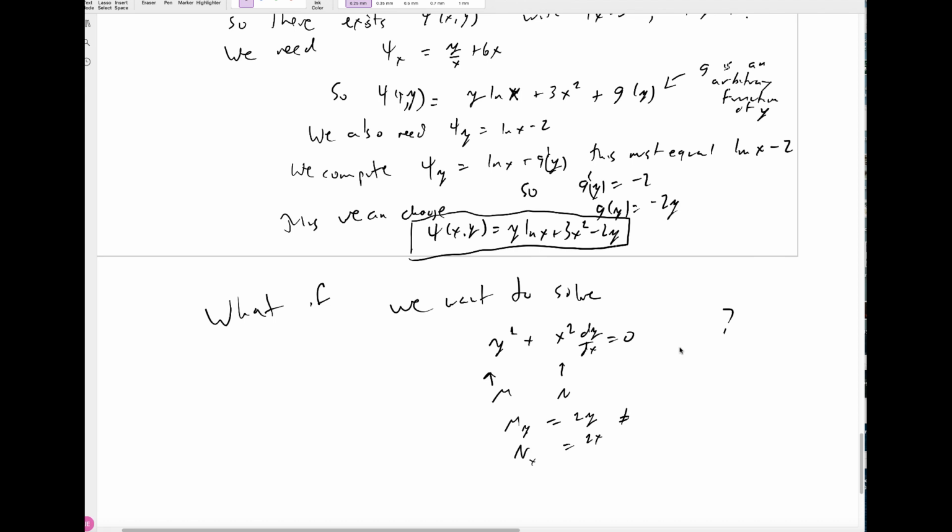So what do we do? Well, just like when we were solving first order linear differential equations, and we asked really the exact same question, is it exact? If it is, we can solve it easily. When it was not exact, we looked for what we called an integrating factor. Well, now things will be a little more complicated because here, this is not necessarily a linear equation.